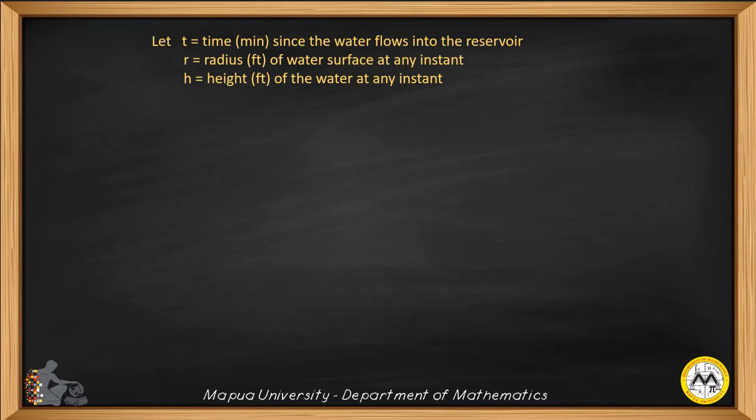So working now on the solution to this problem using the variables t, r, and h as defined in this particular slide, we would like to determine dh/dt when the water is 8 feet deep. Now we start by defining the function for the volume of water in the tank, and that will be the volume of a cone given by 1/3 base area times height, or 1/3 pi r squared h.